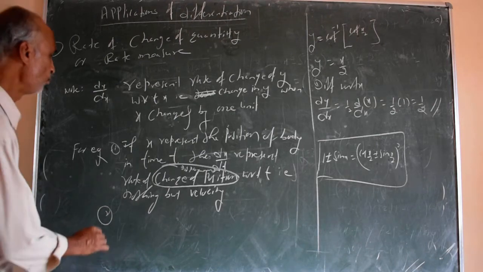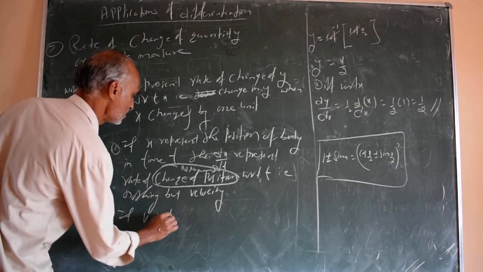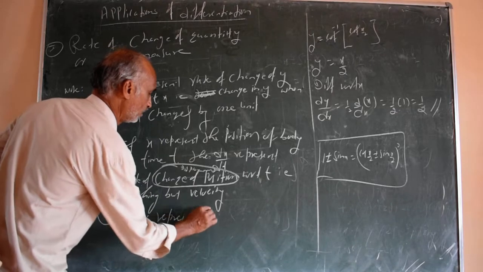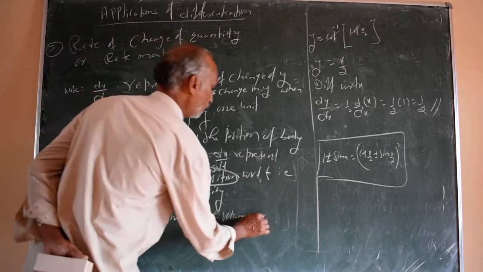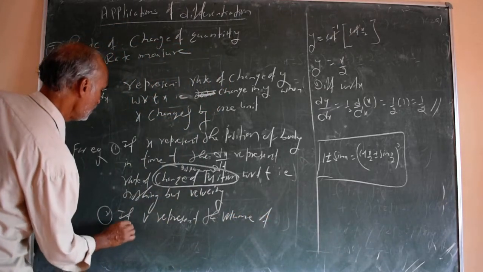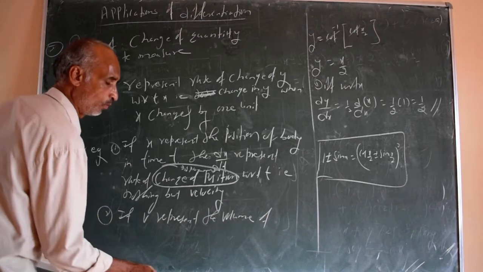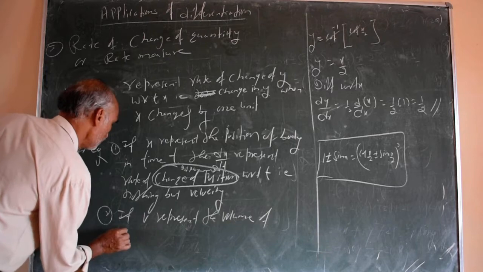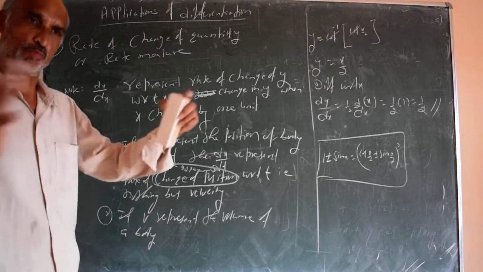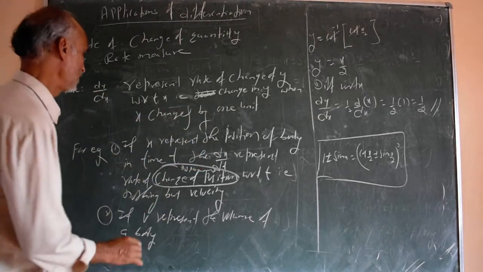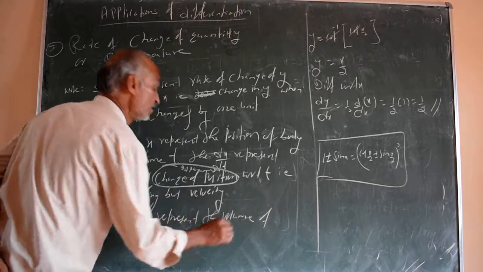Let us take, if V represents the volume of a changing body, a body which is either under expansion or contraction, which is under change of dimension.